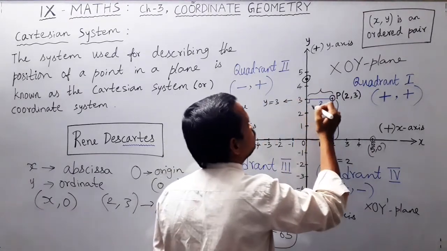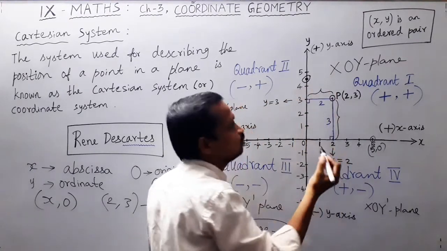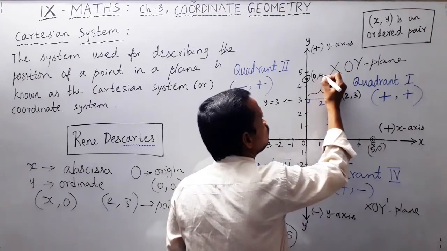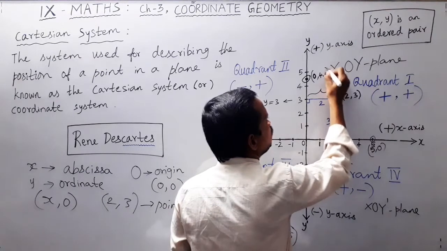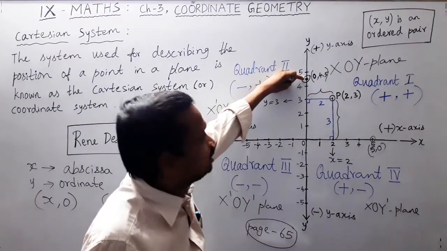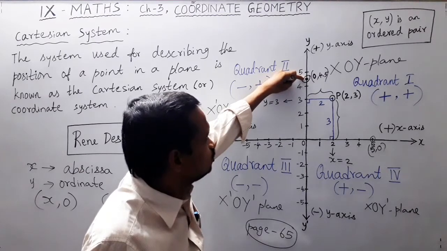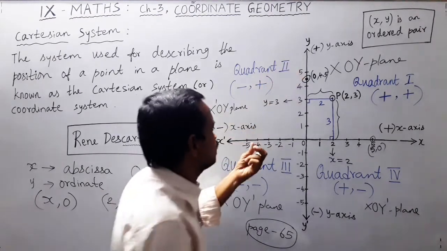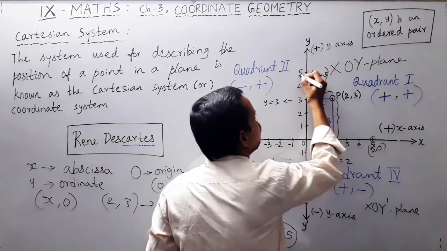So on the y-axis, for example, if it is 4.5, then you can write x is 0 and y is 4.5. So this y value is 4.5, between 4 and 5, which I am just considering as 4.5.